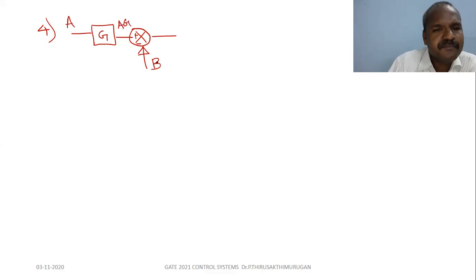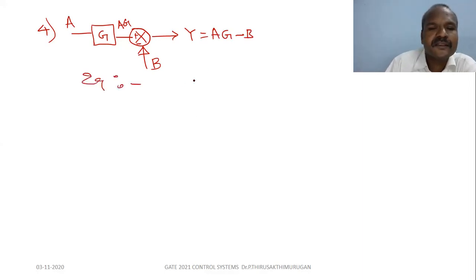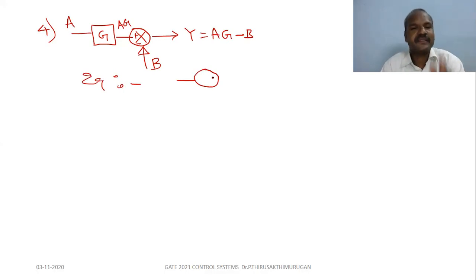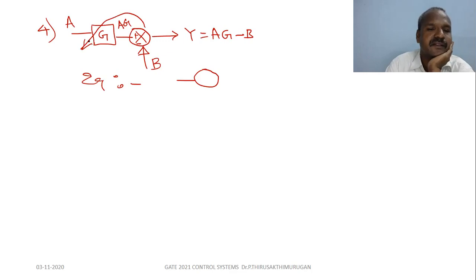So AG plus B, AG minus B. So the output Y equal to AG minus B. So what is the equivalent for this block? This can be modified as we are shifting the summing block from after this block to before this block. Without altering the system, what happened?